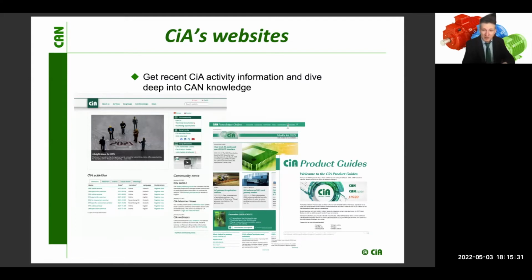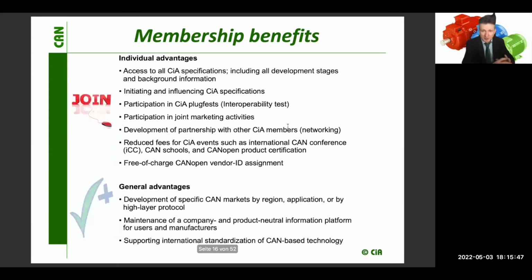On our website, you can find all the interesting information around CAN-based technology. You're welcome to contact us through our email addresses if you have any further questions on this topic.